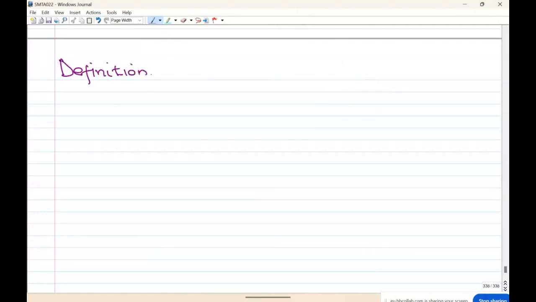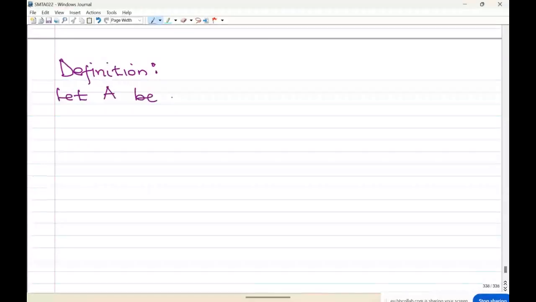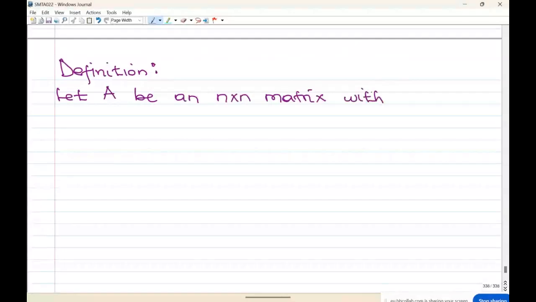The definition is common, colleagues. You can write it up there. Let A be an n by n matrix with this scalar lambda, and we are told that lambda is an eigenvalue of that matrix A.